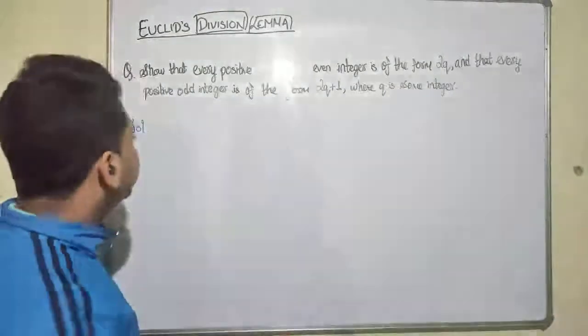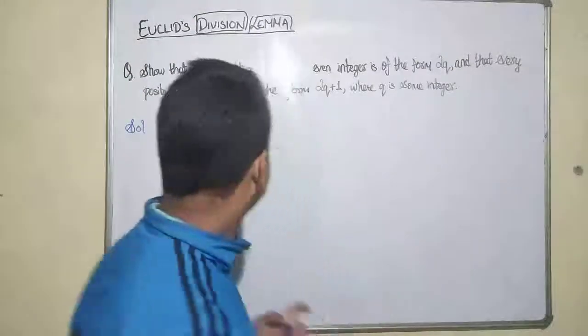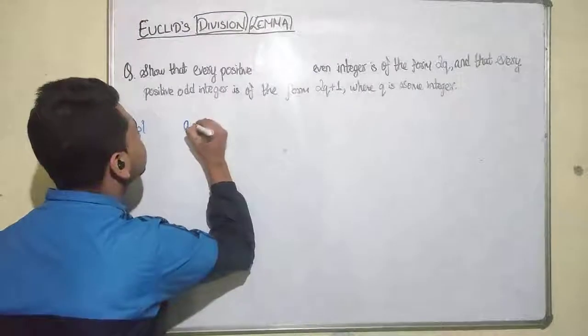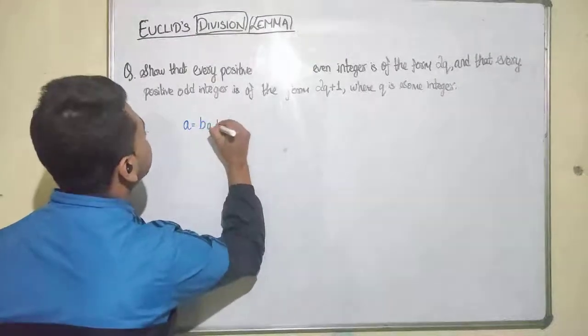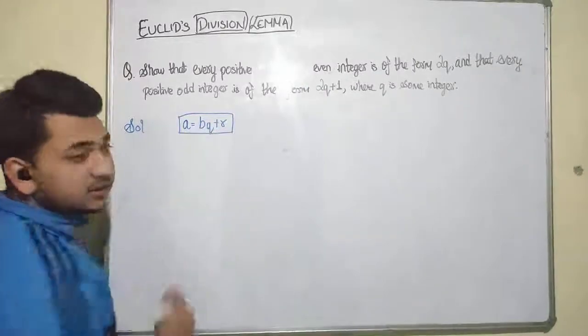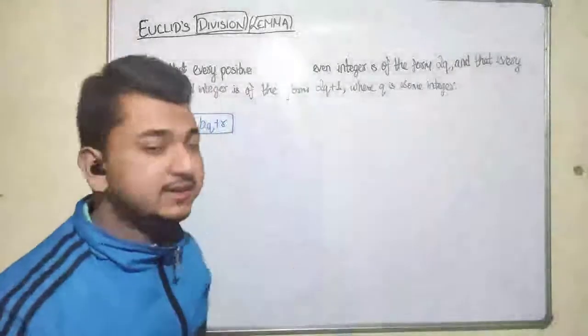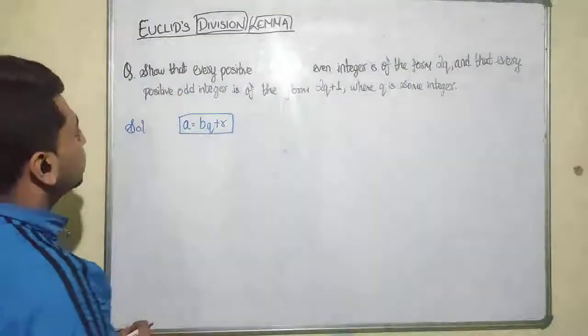Now we will prove this with Euclid's division lemma. We know that a equals bq plus r. With this proven statement, we will prove this statement, and that is called a lemma.